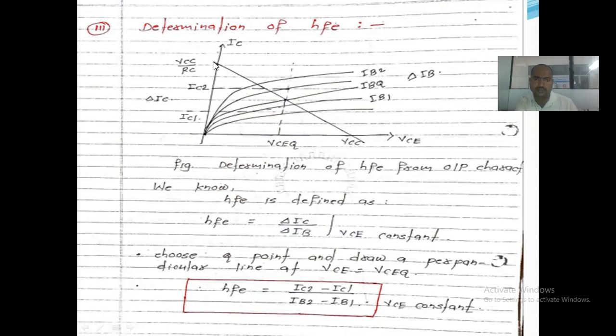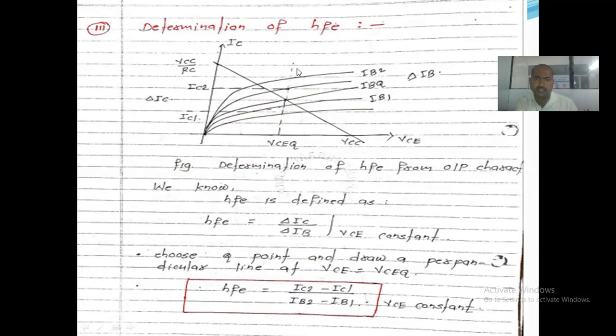On that point we draw a line through two points. These points indicate the touching points of the line, and this point indicates your IC2 and IC1 points.